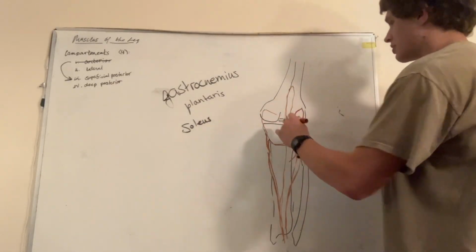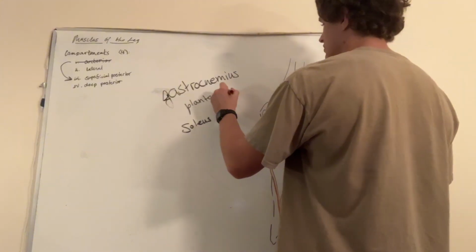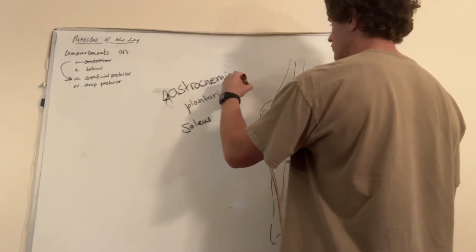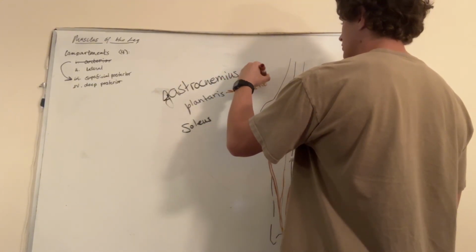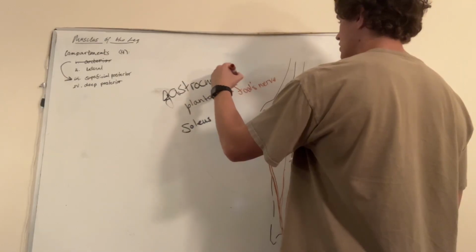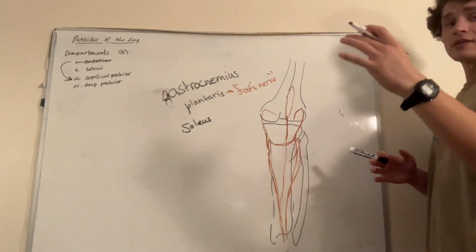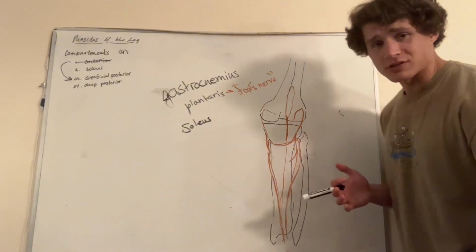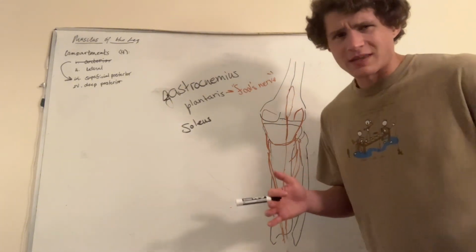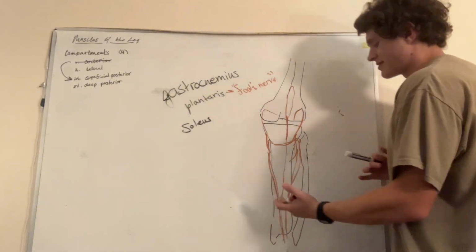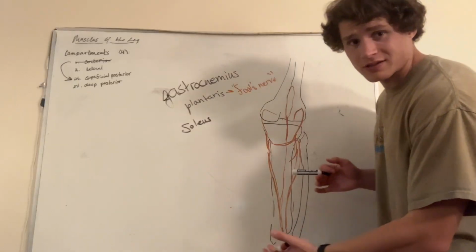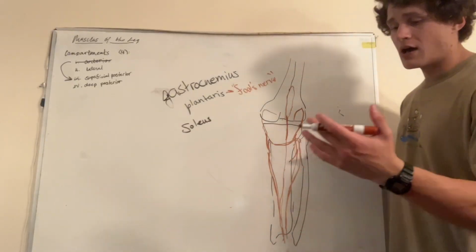People call the plantaris tendon the fool's nerve. Why do they call it that, you may ask? That is because it just kind of looks like a nerve, and you wouldn't really expect to see a tendon that's this long. It spans quite literally the entire lower leg.